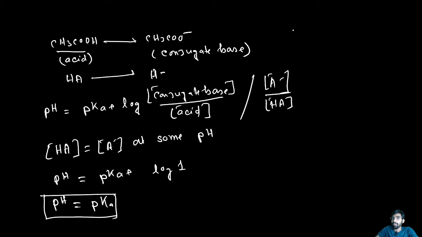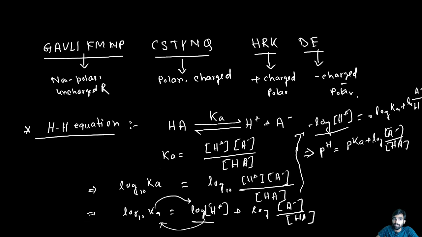Now as an amino acid has two ionizable groups generally, we have to figure out the titration curve for these 20 amino acids. Generally for 20 amino acids there are only three kinds of titration. The uncharged ones we consider with one titration curve, positively charged with another, and negatively charged with another.